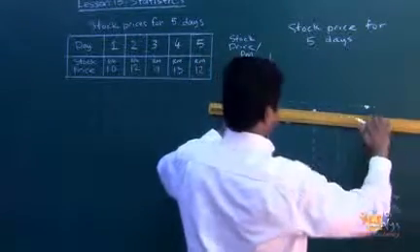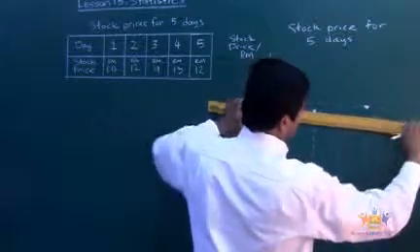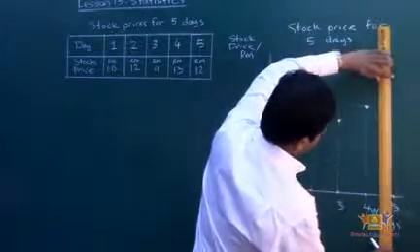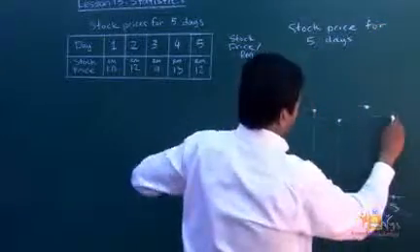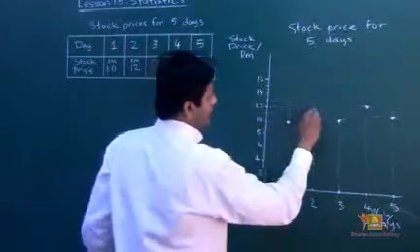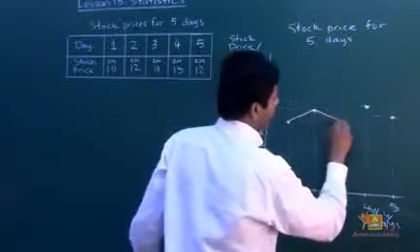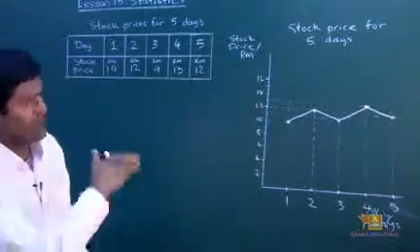We're just going to extend that line, and then draw another vertical line from day 5. Once you locate the points, you just join them. Can you see the trend, how the graph goes?